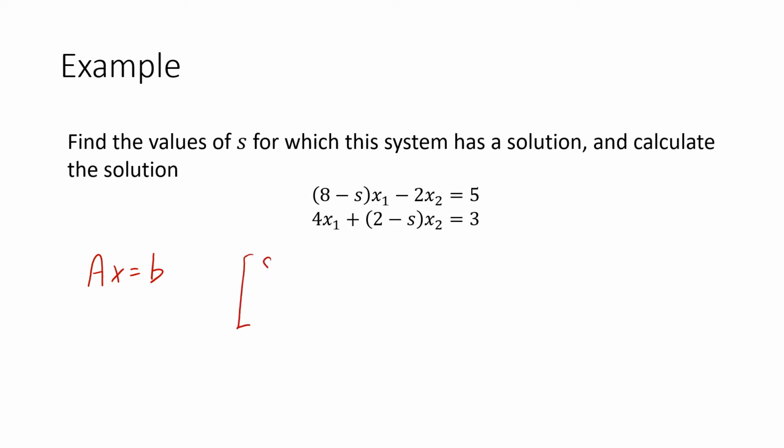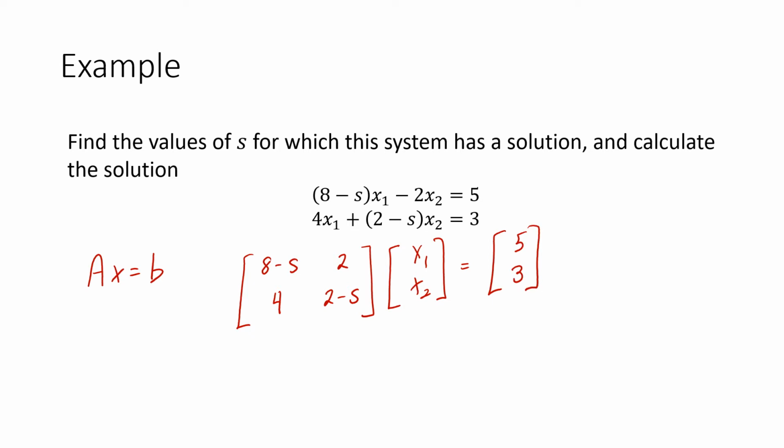Well, our matrix is 8 minus s, 4, 2, and 2 minus s, times our x, x1, x2, is equal to b, which is 5, 3. So I've rewritten it in matrix form.